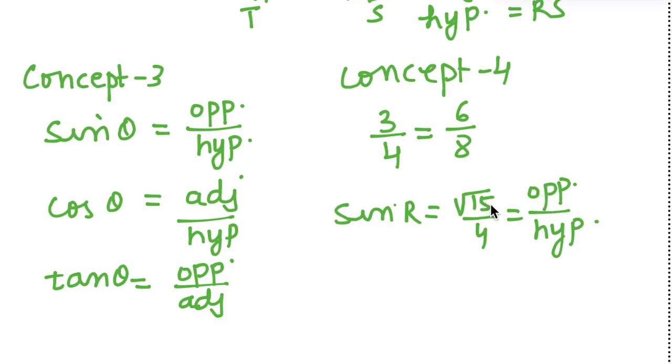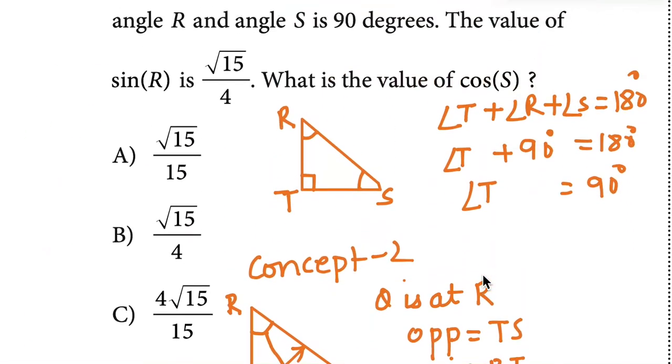Maybe there is a common multiple with root 15 as well as with 4, but we are taking the ratios, and we have to find the ratios. So, for the sake of simplicity, we will take the measurements of opposite as root 15 and hypotenuse as 4.